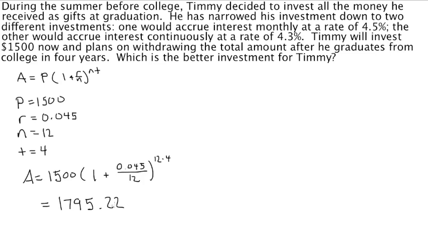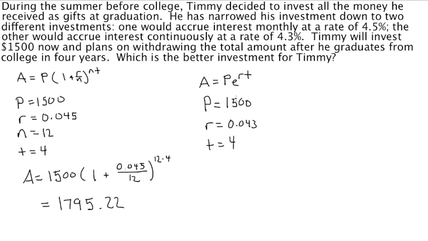All right, now let's compare this with the investment where interest is compounded continuously. So here is where we use what some of us will call the PERT formula. A equals Pe to the rt. A is what we're finding, P is the same, our r is different, it's 0.043 now, and our t is the same, it's 4. And what's e? Remember, e is just a constant, so our calculator knows what it is.